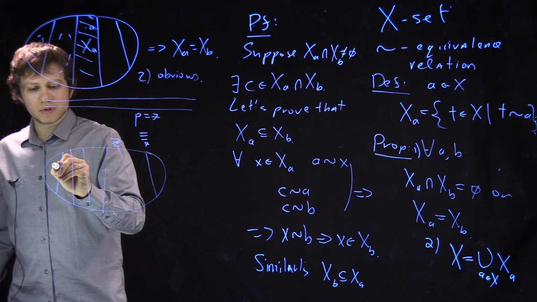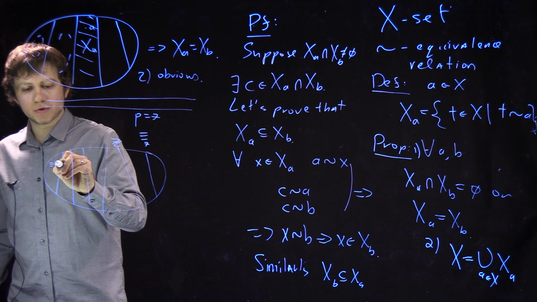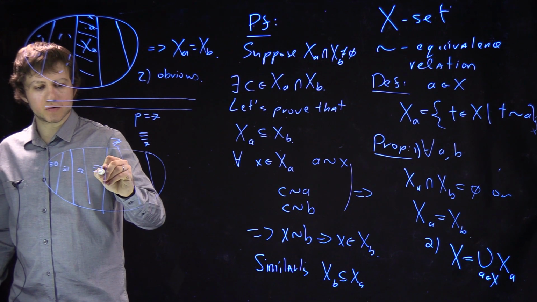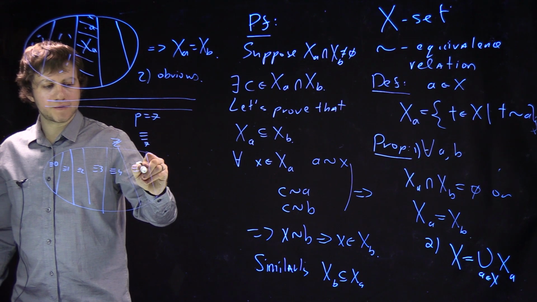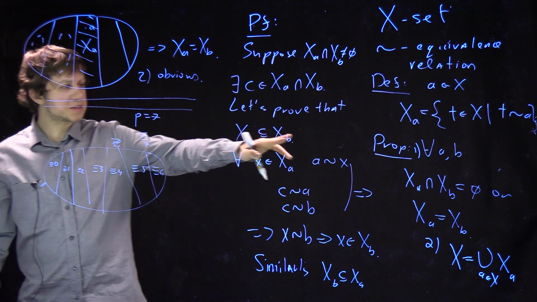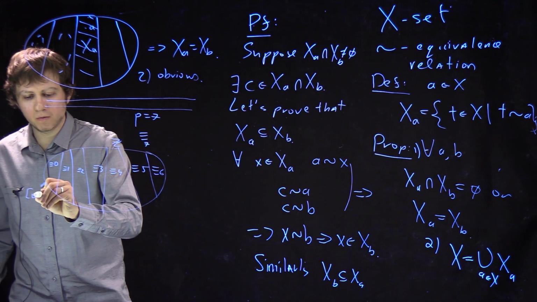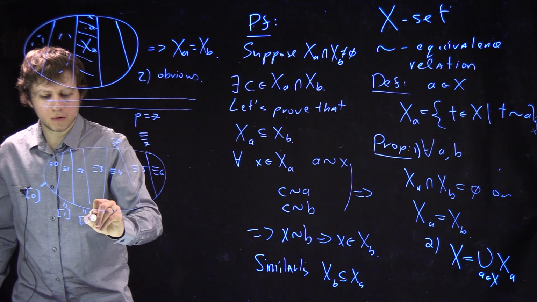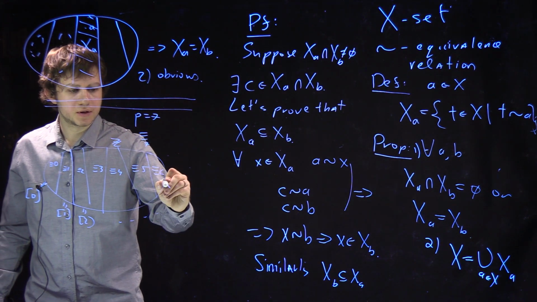These are elements congruent to 0, congruent to 1, congruent to 2, congruent to 3, 4, 5, 6. We denote these classes by [0], [1], [2], and so on, up to [6].